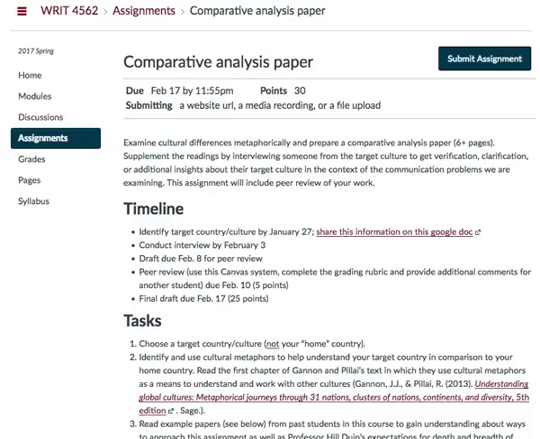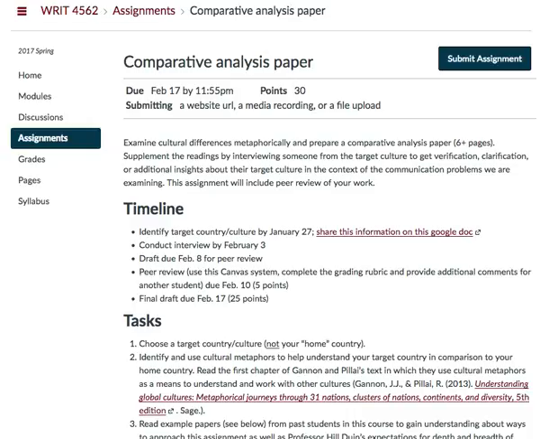Now choose a target country, obviously not your home country. Identify and use cultural metaphors to understand and work on the comparison. It's imperative that you read that first chapter in the Gannon and Pillai text.